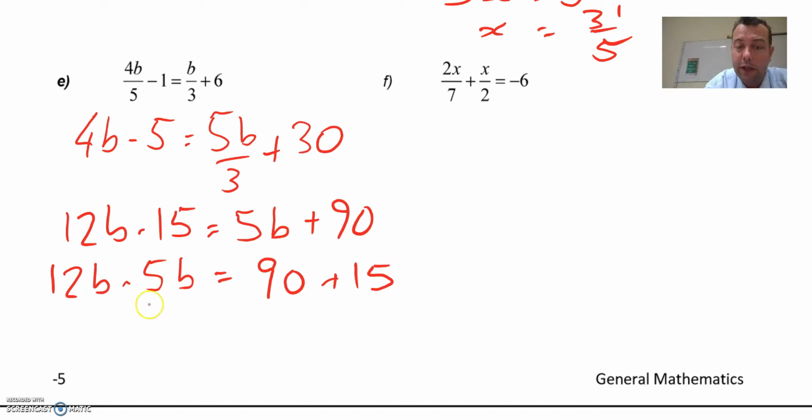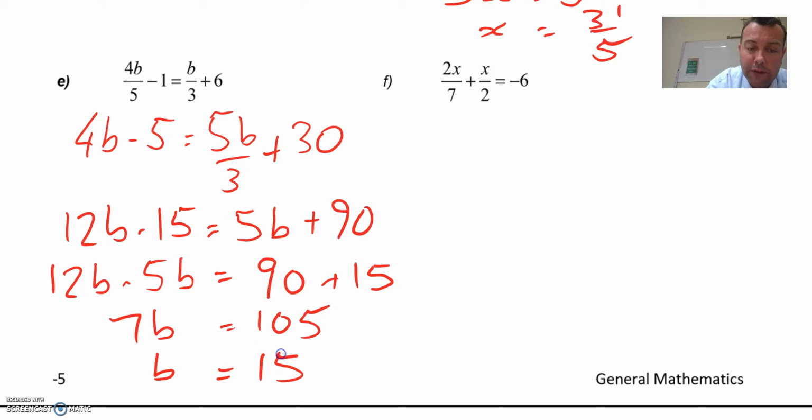This means 7b equals 105. b equals 105 divided by 7, which equals 15. Feel free to use your calculator there if you need. If you got a decimal or something, leave it as a fraction. 7 15s are 105. Cool, this is going to be a long video. Let's look at the next one.